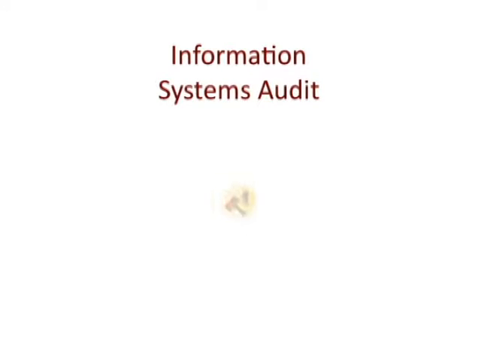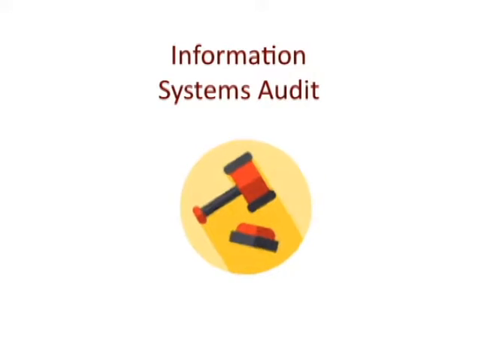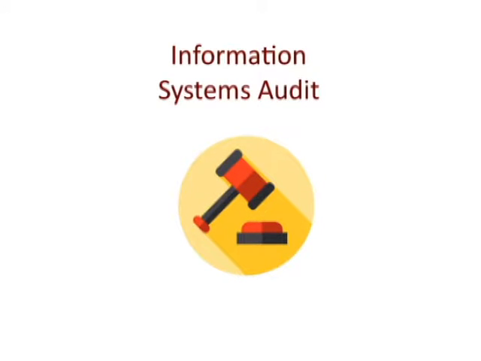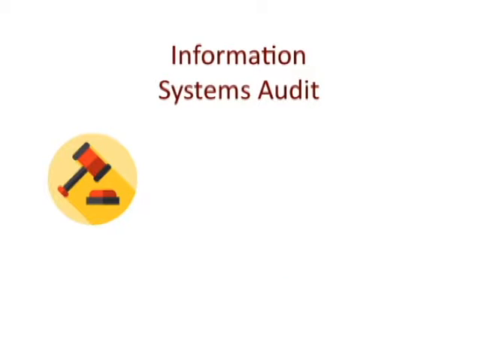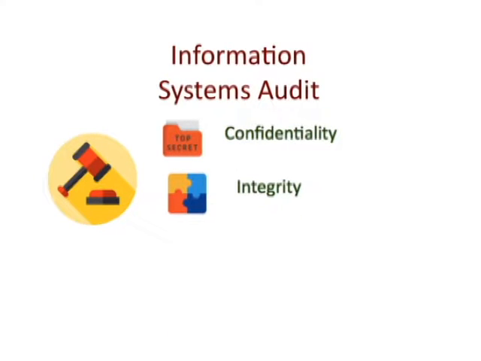It could be to determine if information systems are in compliance with certain laws or regulations, industry standards or guidelines, or even a contract. It could also be to determine if the information system's data and information have the necessary levels of confidentiality, integrity, and availability.